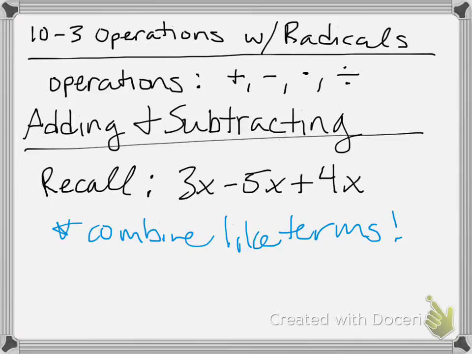Now, it is exactly the same when you do operations with radicals as you do operations with variables. The difference is like terms. So operations with variables, we have 3x minus 5x plus 4x, which would give us 2x, because 3 minus 5 is negative 2, negative 2 plus 4 is positive 2.